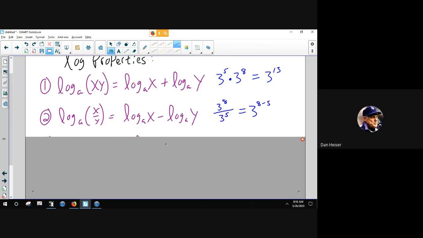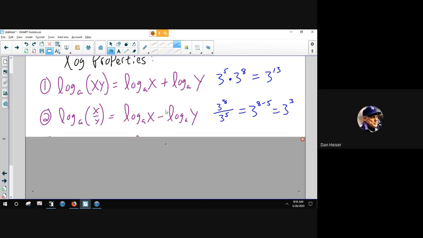And again, back in Algebra 1, you learned that when you have this ratio of a base to a power and a base to a power, you can subtract the exponents, and that's what this property is based on.